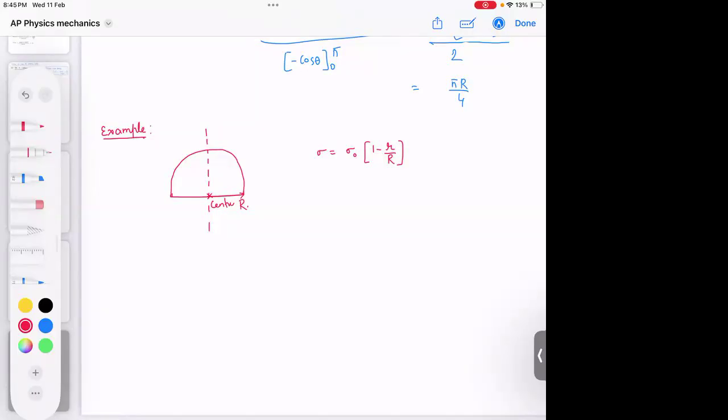So again, find the center of mass of this. What kind of disk is there? Non-uniform disk. Okay, find the center of mass of this non-uniform disk.